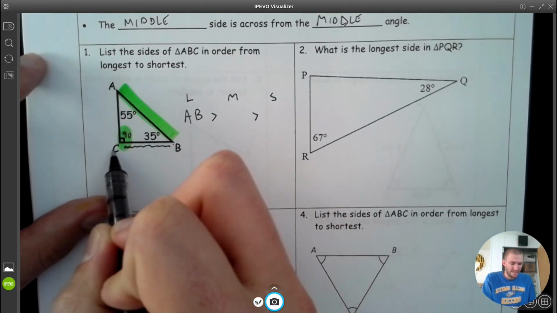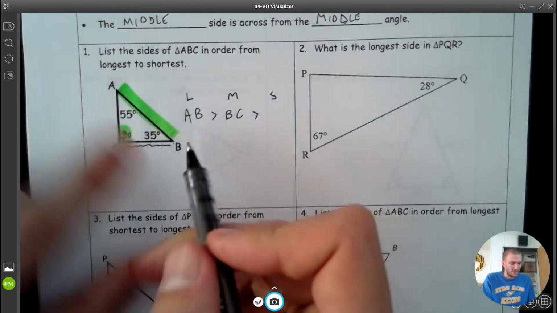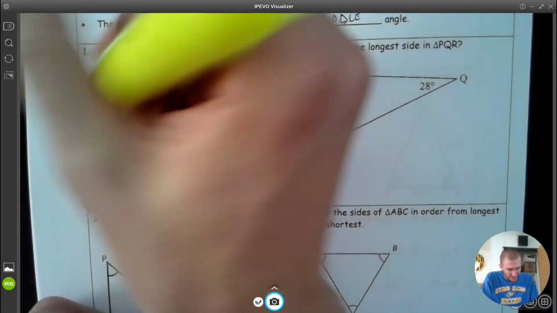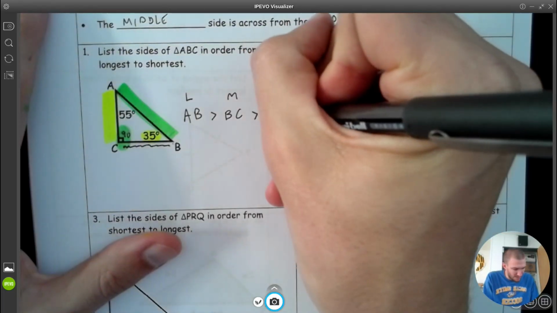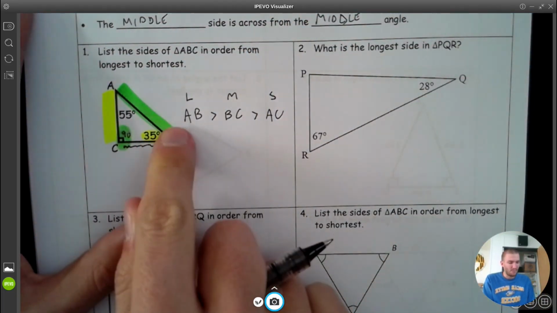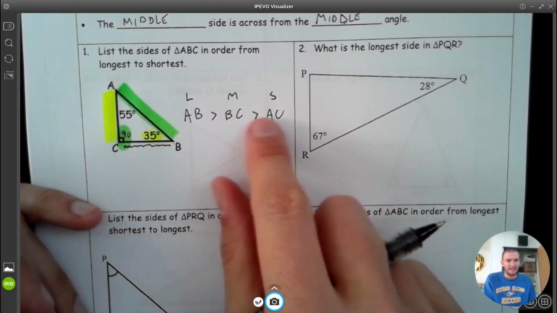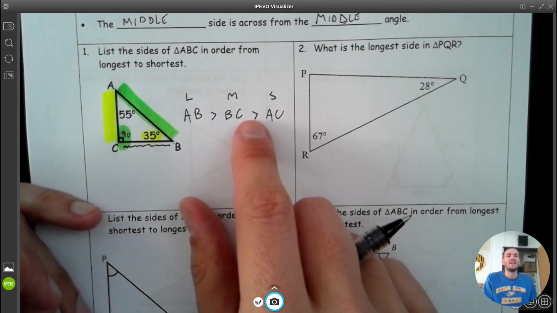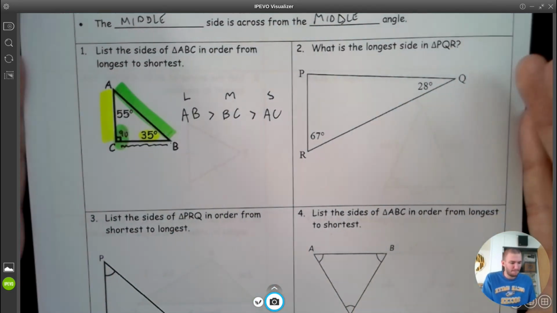I could call it BC or I could call it CB. Doesn't matter too much. And then the shortest side, if 35 is the smallest, then this is the smallest, and so I'll say AC. Now when you write it like this, if you're not listening to me, it doesn't look like it makes any sense. It's just a whole bunch of random letters here. But if you're actually following along, we're just putting them in order. It's really not too bad.